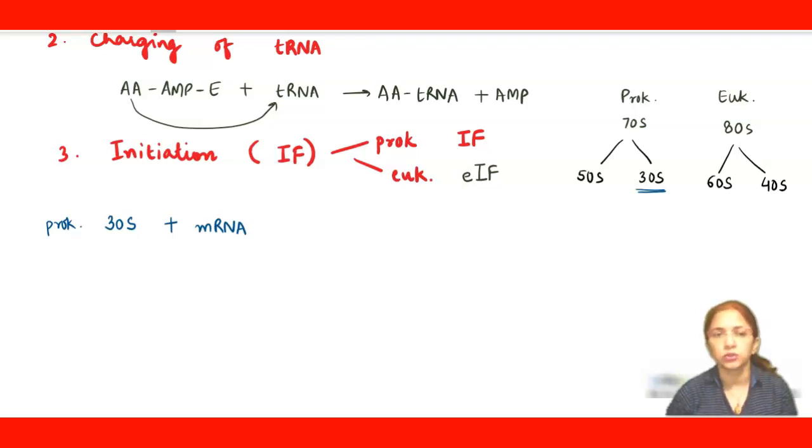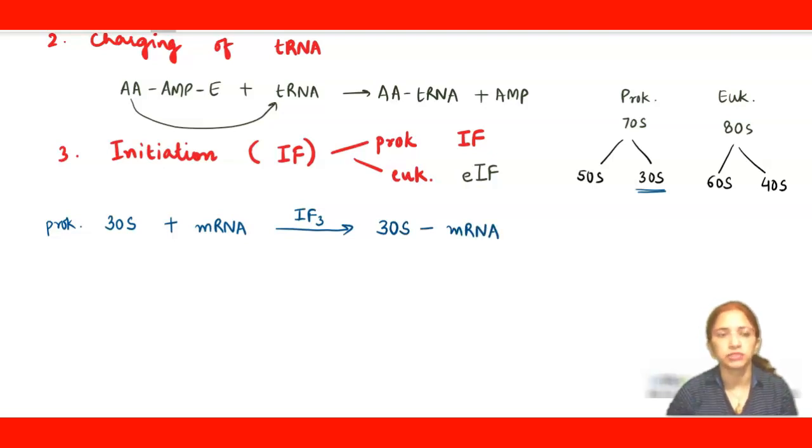So the 30S subunit will unite with messenger RNA, and during this process IF3, which means initiation factor 3, is going to help. This smaller unit will get united with the messenger RNA.